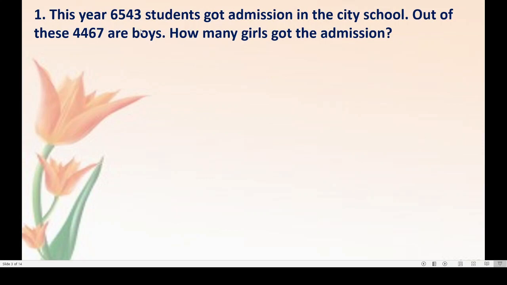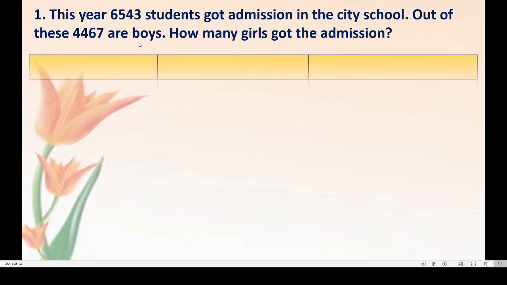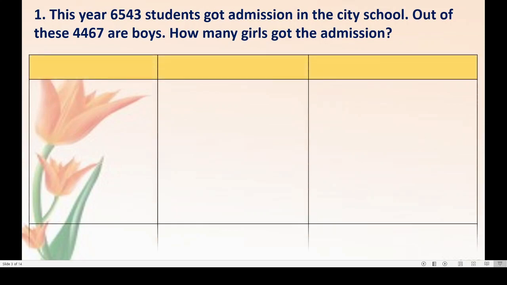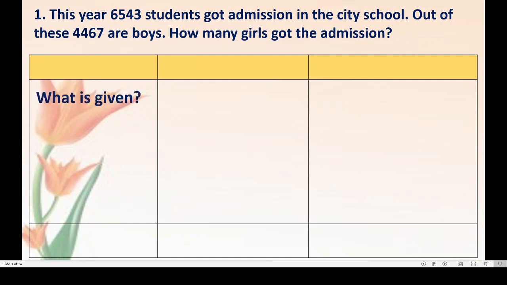Now what is given here? We will try to understand, by using the columns. Yes, what is given here? Here it is given that total students admitted in that city school were 6,543. Out of these, number of boys are 4,467.